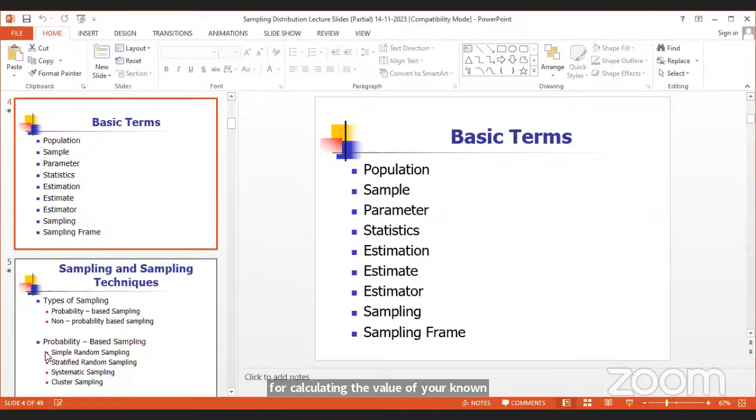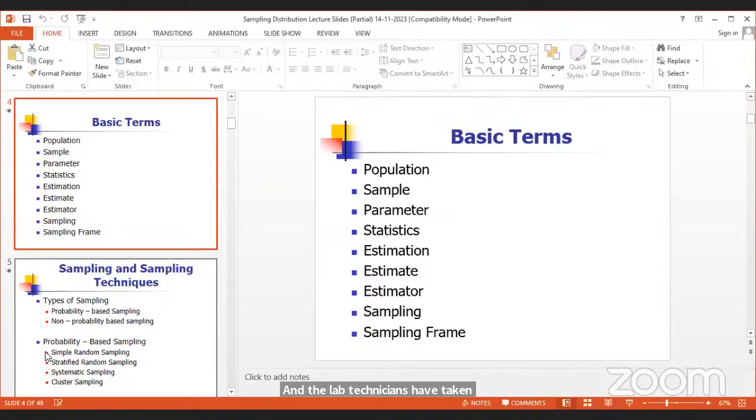Now, after the whole process, we arrive at a figure, a value. The value that you arrive at is called the estimate. So say we have gone to the lab technician, and the lab technician has taken two or three drops of your blood.